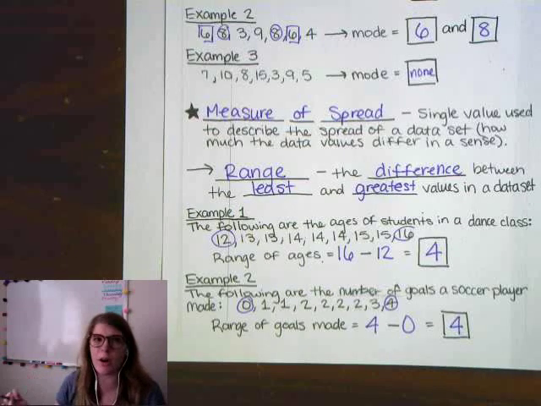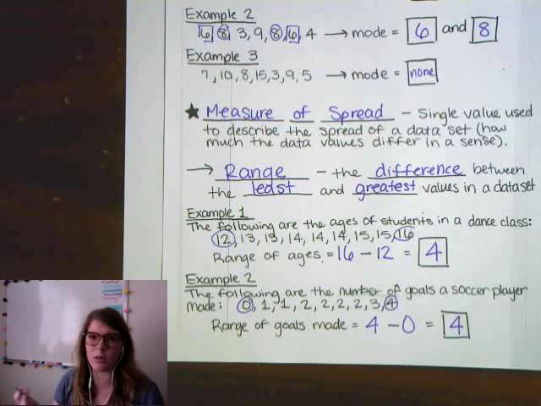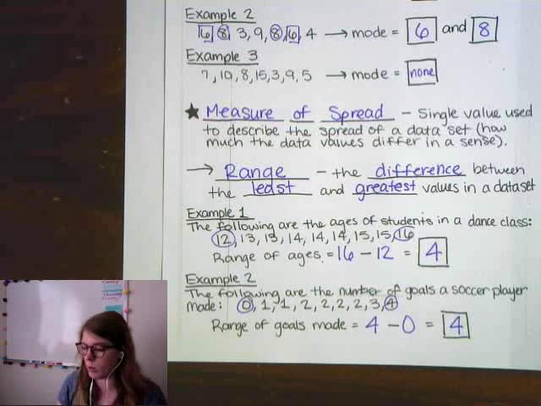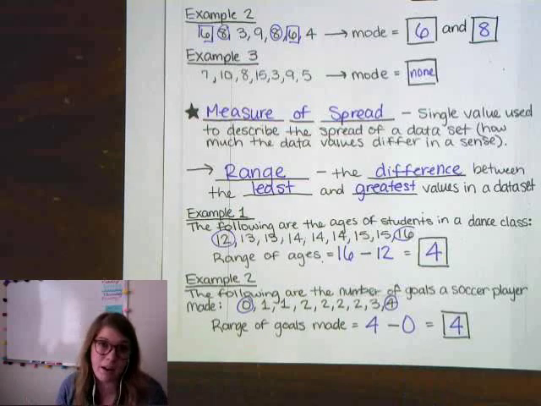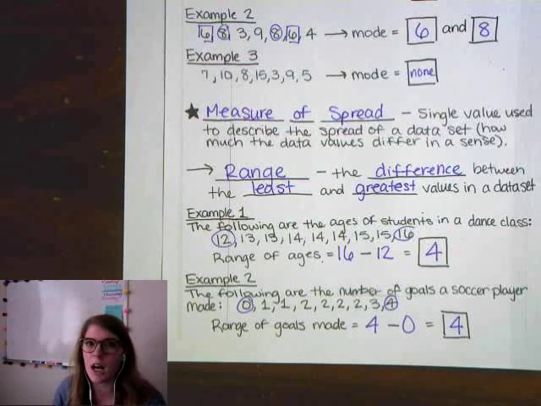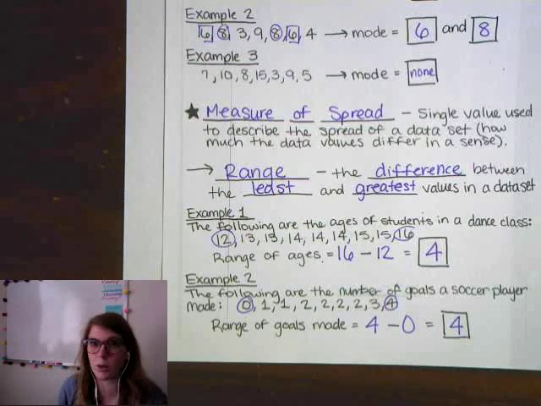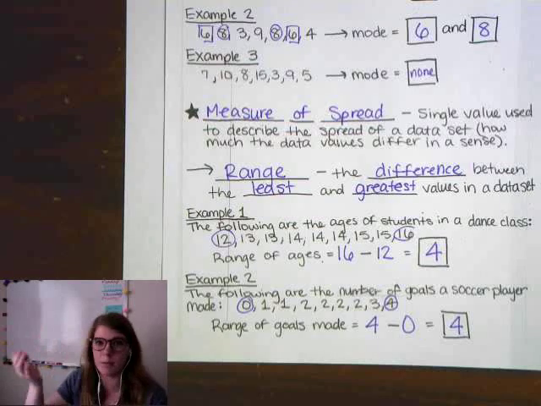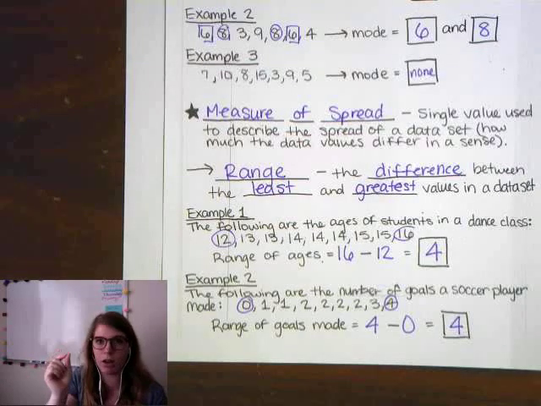You never really know, are they going to score a lot of goals or are they not? Whereas if their range is 4, it's a lot smaller. Well, we know if anything, they're not going to score more than 4 with this data set, but they're all going to be a lot closer with each other, so you can make a little bit more of an educated guess at how many goals they might make or how old somebody in the dance class is going to be, the smaller their range is.